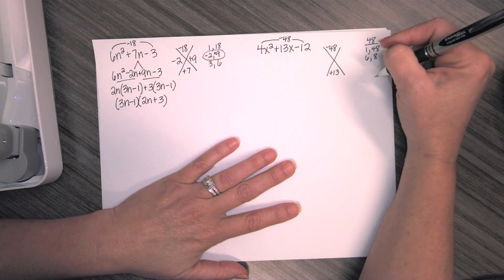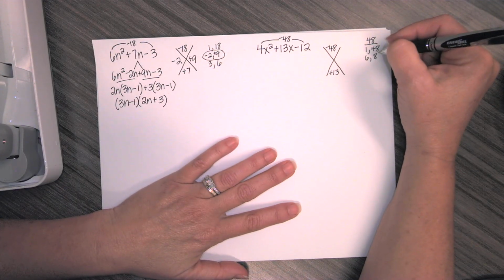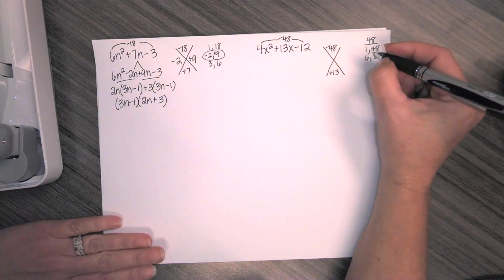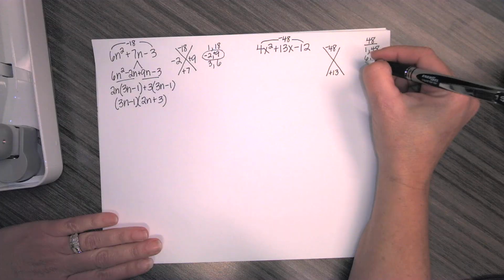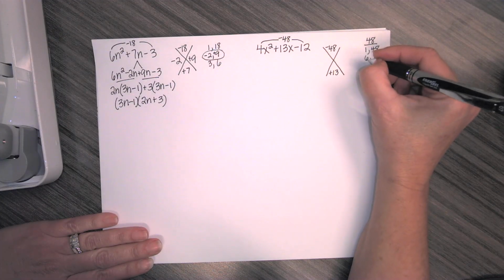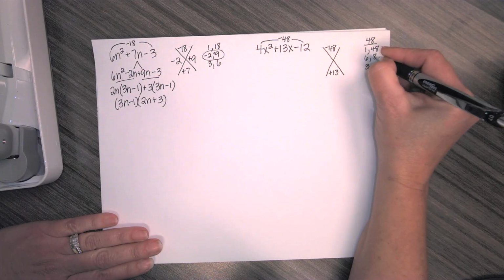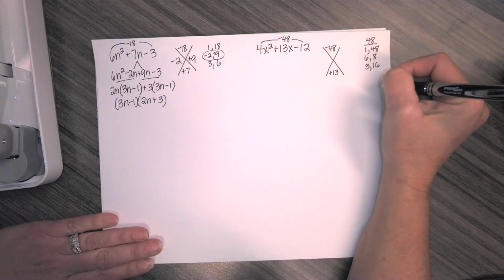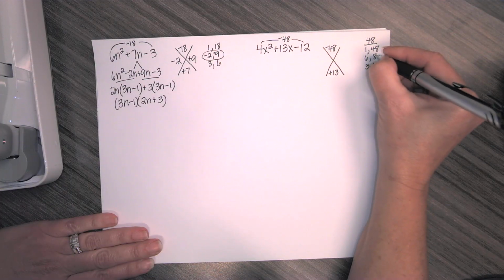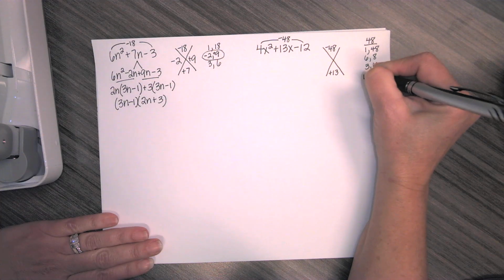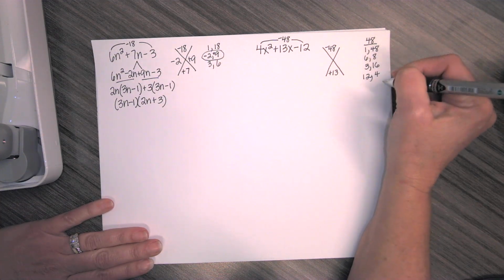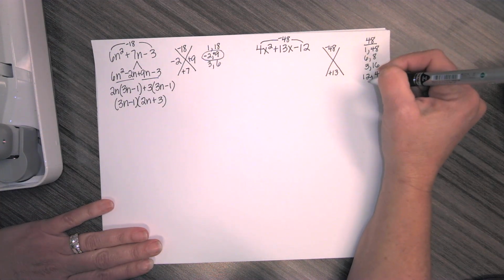That's all that's coming to me off the top of my head, but I can use my half and double trick to come up with some more. Half of 6 is 3, and double the 8 is 16. Or I could do it the other way around and do half of 8 is 4, and double the 6 is 12. So there's several possibilities here.